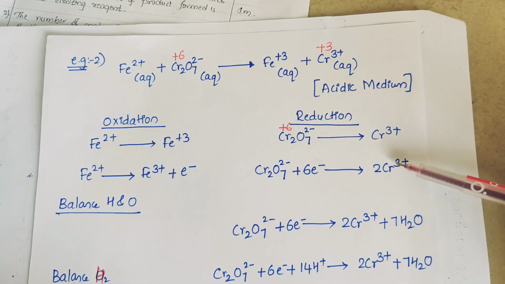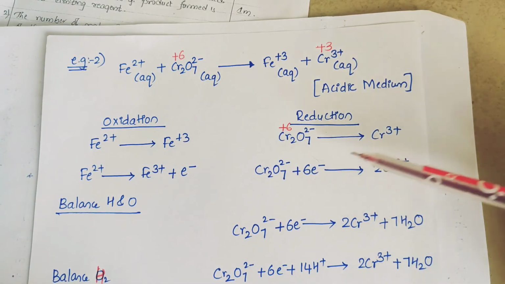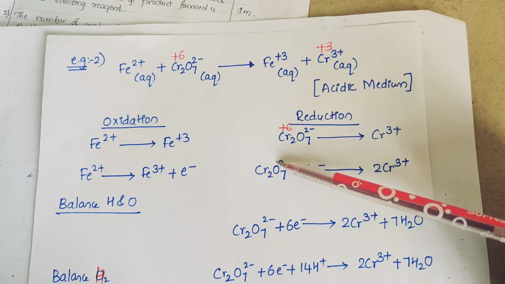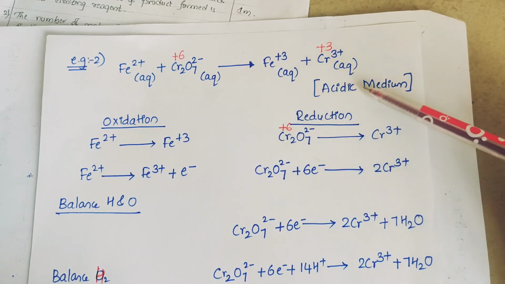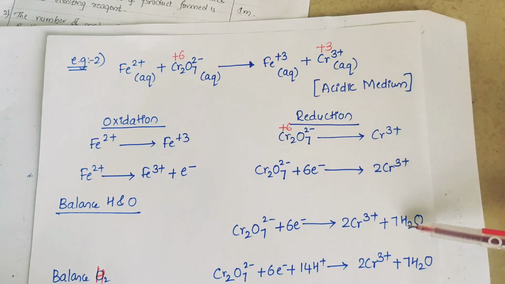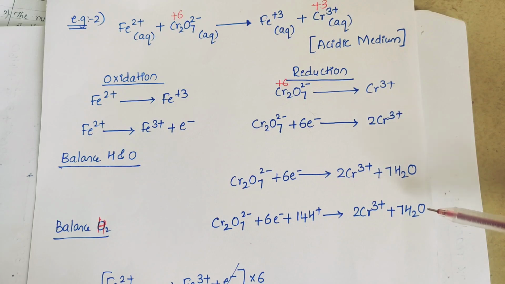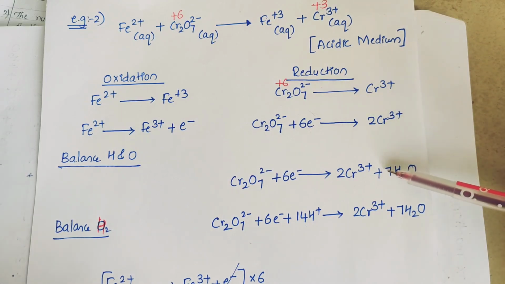Now you are supposed to balance oxygen atoms here. So how many oxygens are there here? 7 oxygens. To balance oxygen, the medium is acidic, so you have to add water. So 7 water molecules are added to the deficient side, that is the product side. Okay. Next is to balance the hydrogen. So how many hydrogens are there? 7 2s are 14. 14 hydrogens are there.